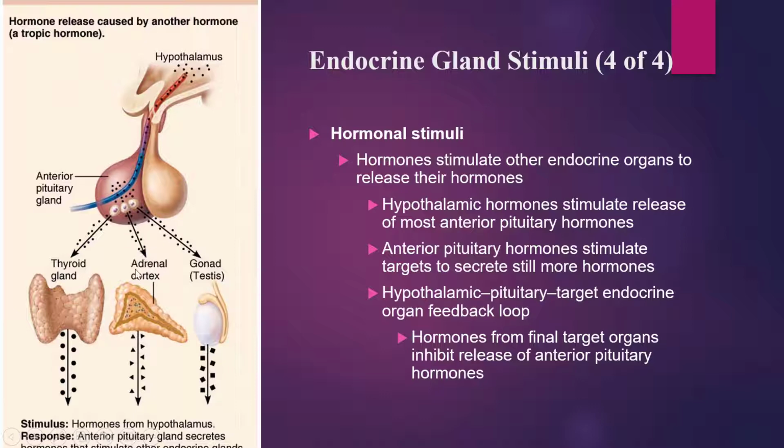It will be stimulating the adrenal cortex to release the hormones that it is actually producing. And then you have your gonadotropins, which will be the hormones that would stimulate the testes into producing its other hormones. So these are hormones from one gland that is actually stimulating other glands to release their specific hormones.